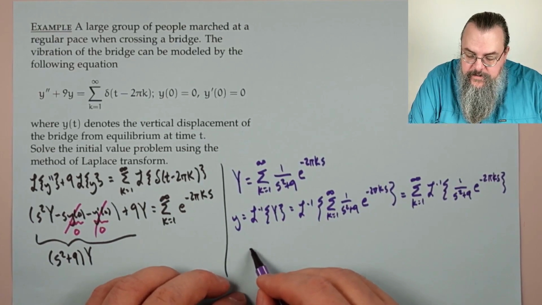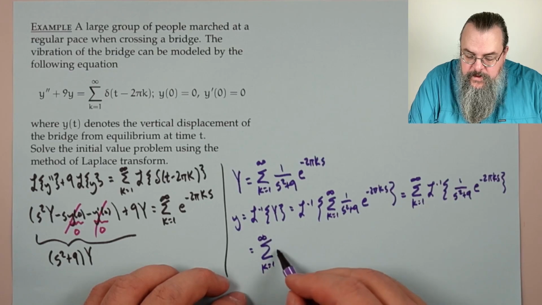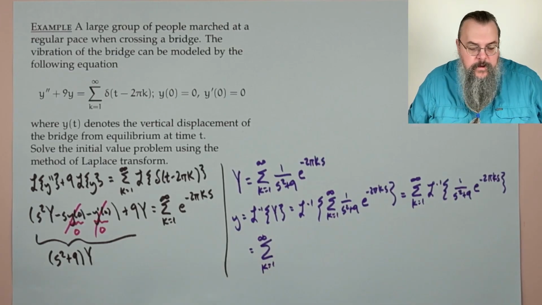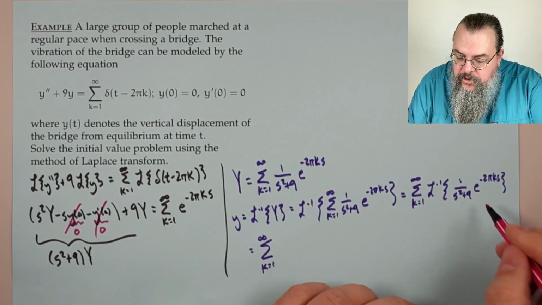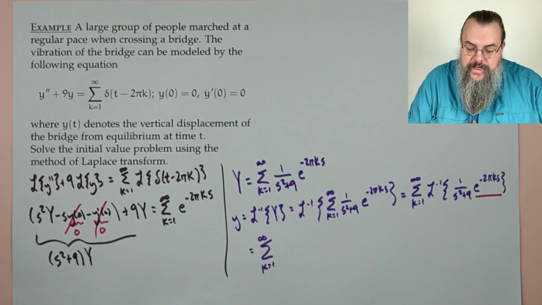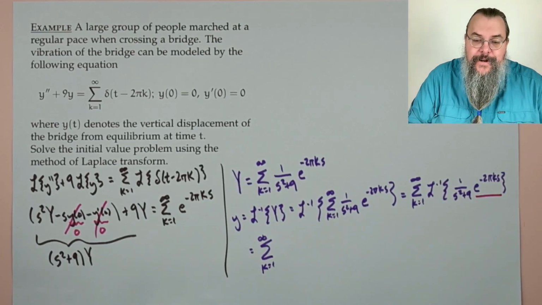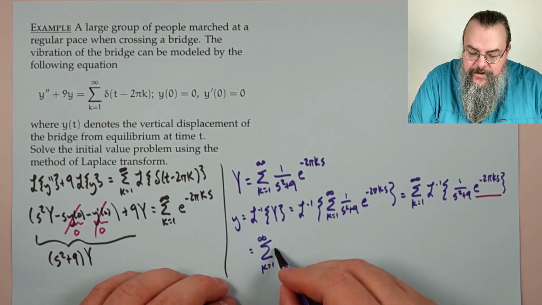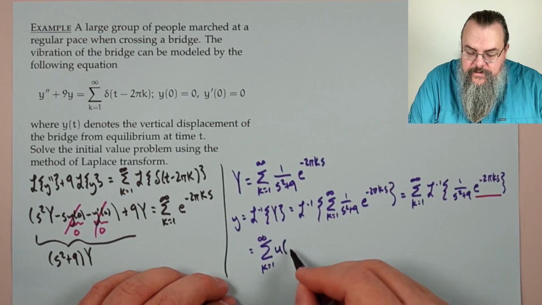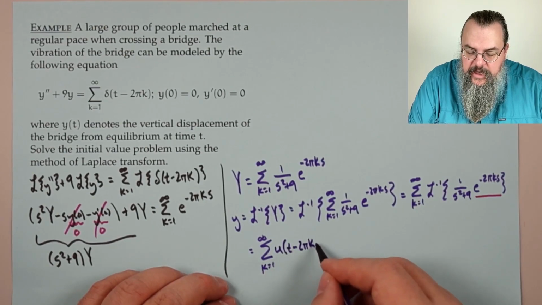Now, what do we have? Well, we have our sum. And we have an e to the minus 2 pi k s. What is that doing? Well, when we see that, that means we're having on-off happening. So we're going to have u of t minus 2 pi k, right?